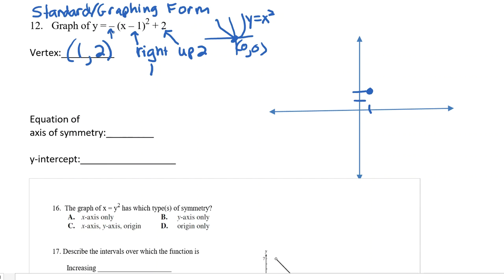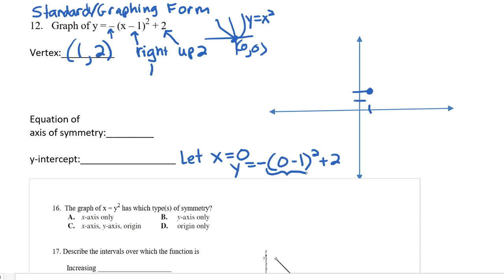This parabola opens down because a is negative. So I could just sketch my basic parabola, or you could stop and find the y-intercept. To find this y-intercept, you could let x be equal to 0. So we would have y equals the opposite of (0 minus 1) squared plus 2.